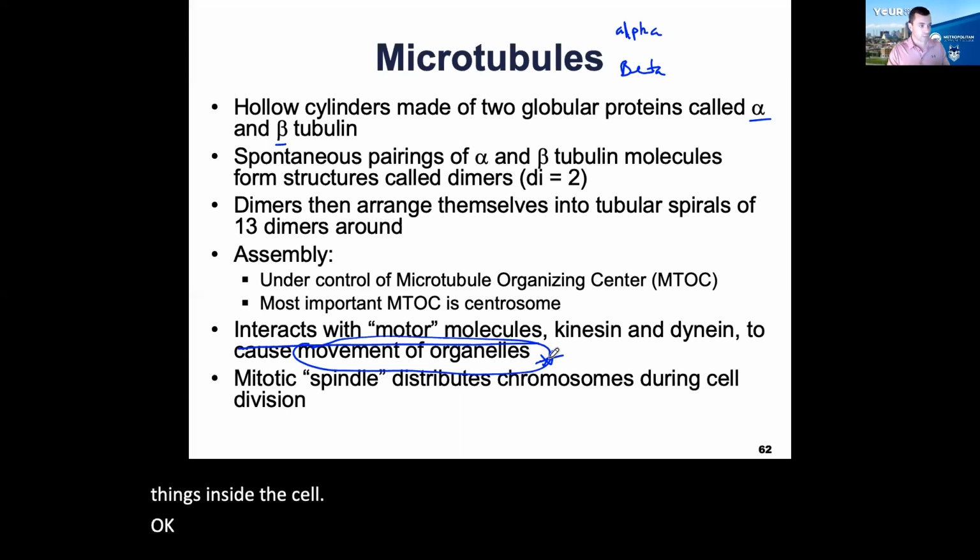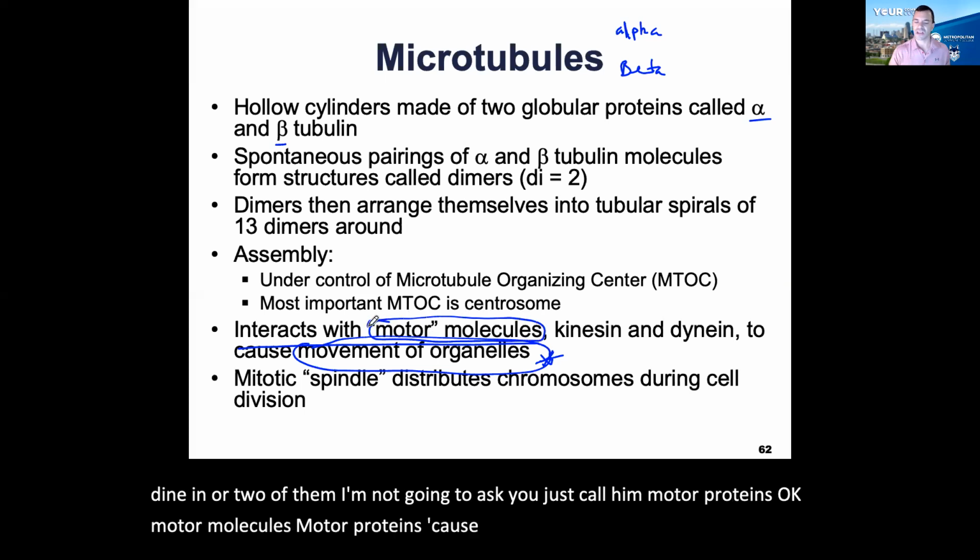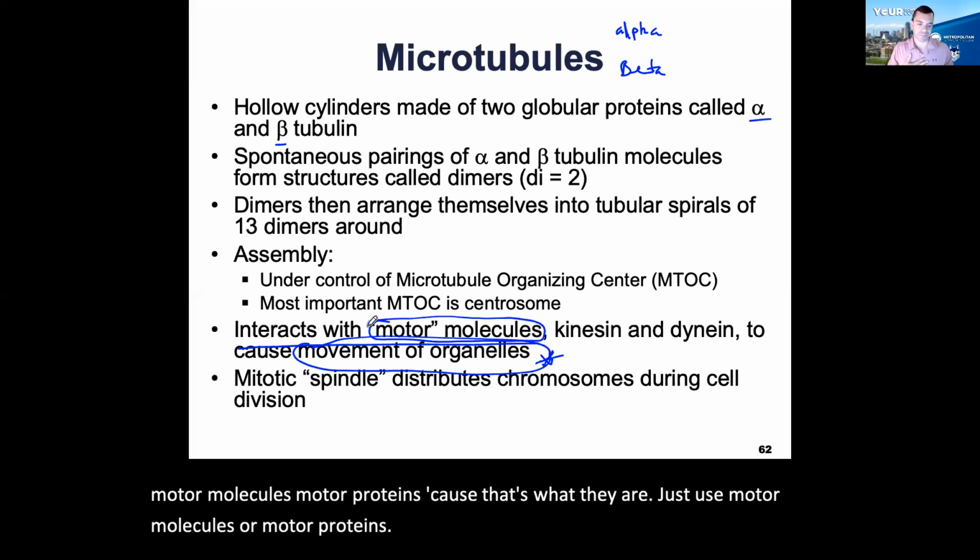Microtubules interact with various different motor proteins, and kinesin and dynein are two of them. I'm not going to ask you. Just call them motor proteins, okay? Motor molecules, motor proteins, because that's what they are. Just use motor molecules or motor proteins, and I will be happy.